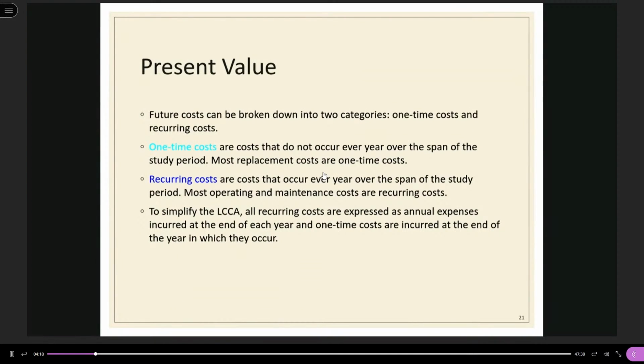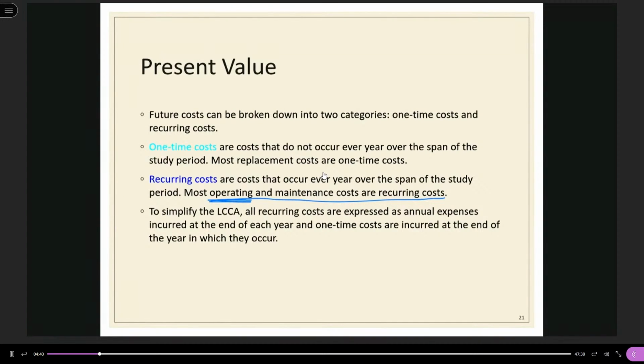Recurring costs are the costs that occur every year over the span of the study period. Most operating and maintenance costs are recurring costs. You need to pay for the energy fees every year and the maintenance costs every year.